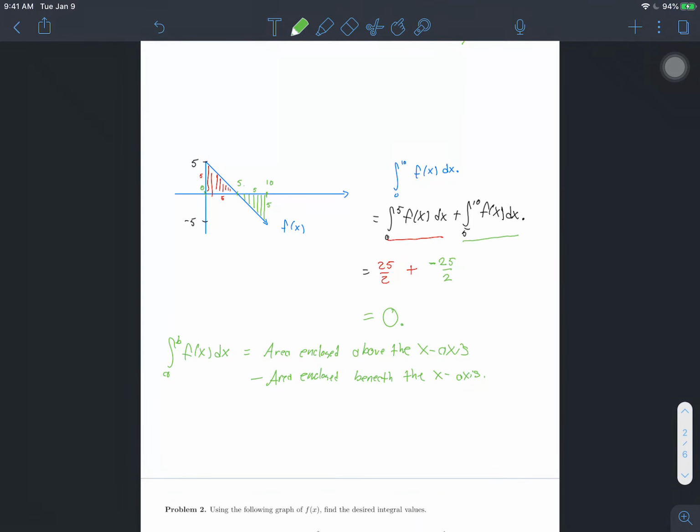Okay. So this is our little bit expanded understanding of this integration process.